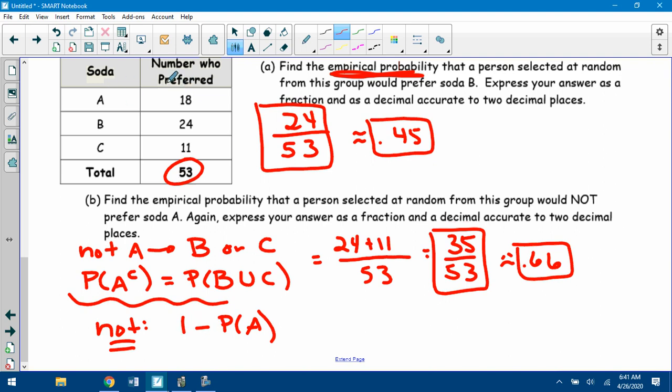I didn't want the people that preferred A, so not A. So I could also do this as 1 minus 18 out of 53. This is just 53 out of 53 minus 18, and 53 minus 18 is 35 out of 53, which is what we got to begin with. So just realize that that's also the same as looking at who does like it, 1 minus who doesn't.